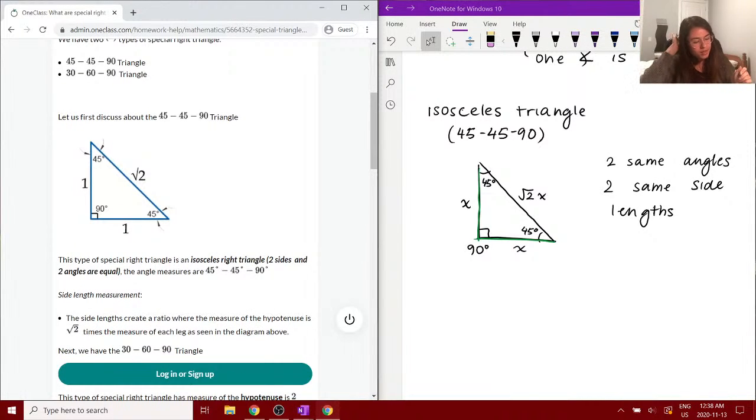And the reason why they wrote it here without the x's for the side lengths is because if this was A, this was B, and this was C, we can compare the ratios of the side lengths, A to B to C, and we would see that they were 1 to 1 to root 2, okay?